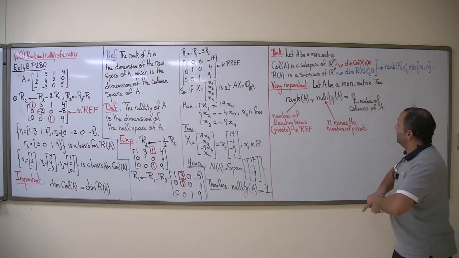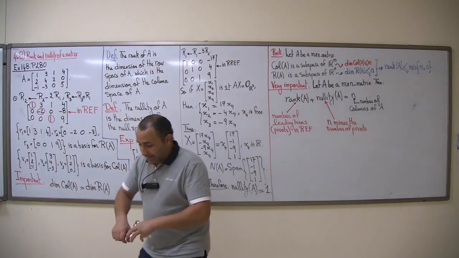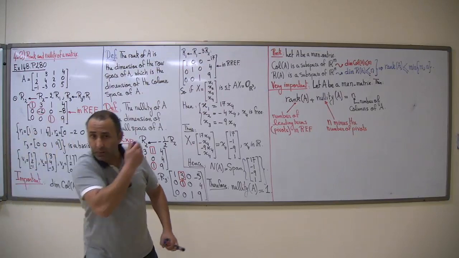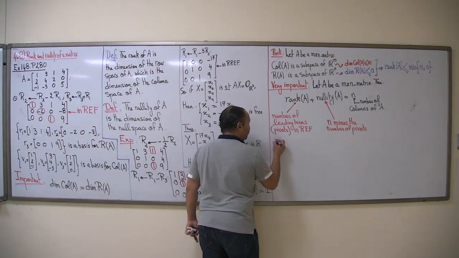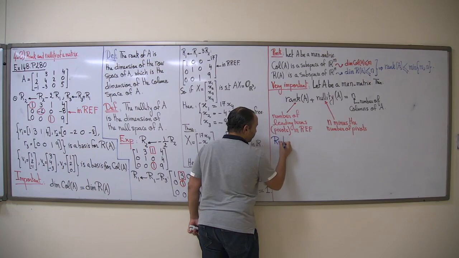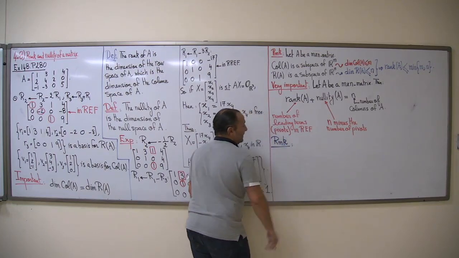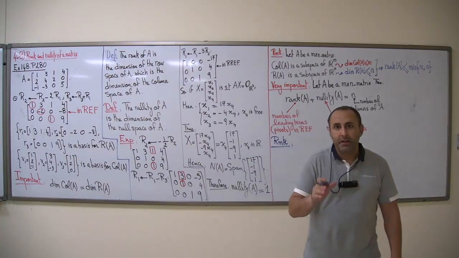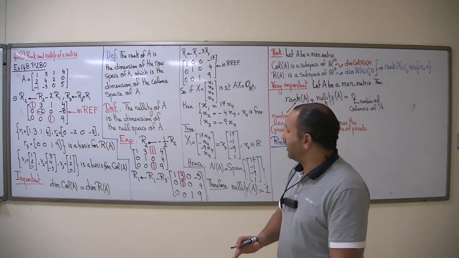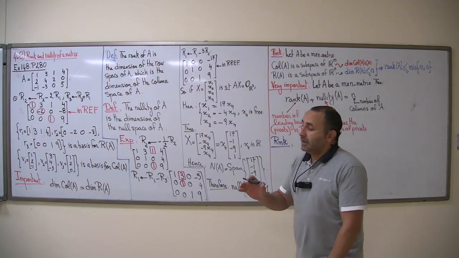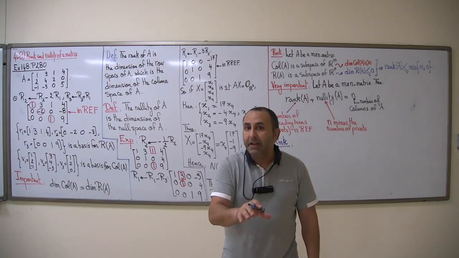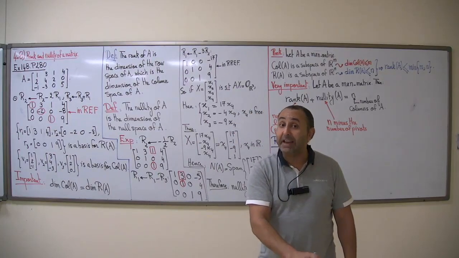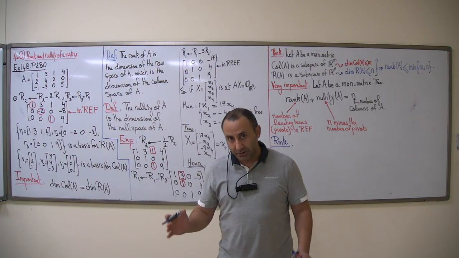Okay, now let's make a remark about the transpose of a matrix A. Remark. In the previous recorded lecture about the row space and column space of a given matrix, we have seen that the column space of A is the row space of A transpose, and the row space of A is the column space of A transpose.